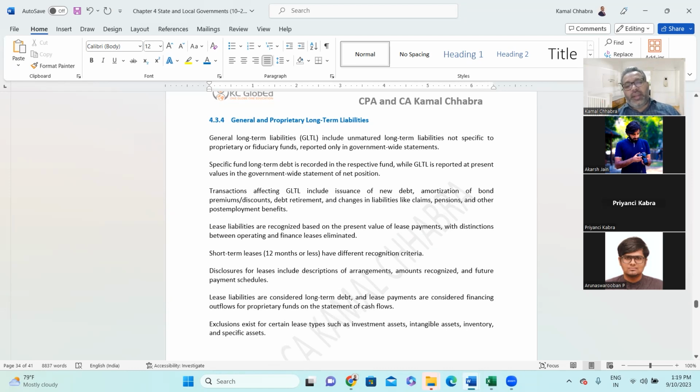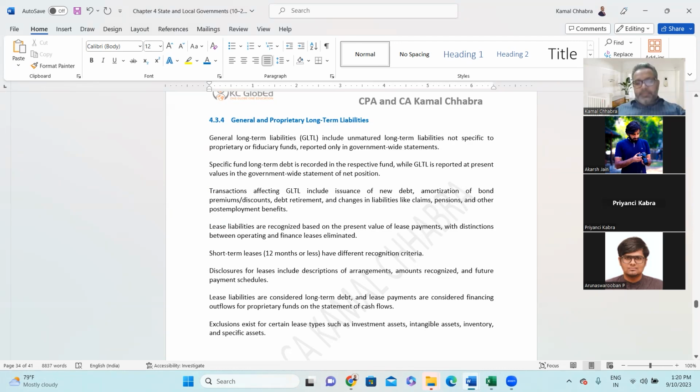General long-term liability includes unmatured long-term liability not specific to the proprietary or fiduciary funds, and is reported in the government-wide financial statement. So general long-term liabilities are not related to any specific fund, whether it's a governmental fund, proprietary fund, or fiduciary fund. Hence, it is directly reported in the government-wide financial statement.